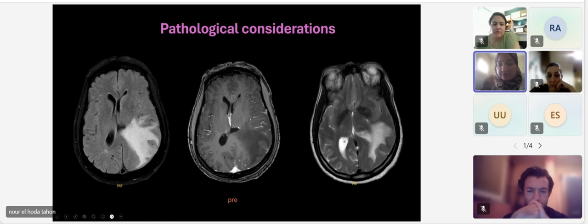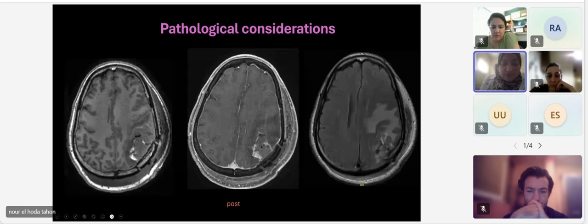And also I want to show you, this is the same patient after surgery. They took out the tumor, and again, there's T1 hyperintensity here. This could be blood, right? And this is a surgical cavity, and if you see this in T1 hyper and post-contrast hyper, you cannot say this is enhancement unless you have subtraction images.